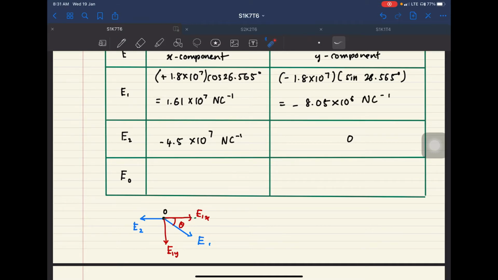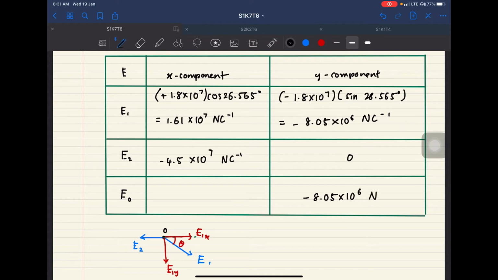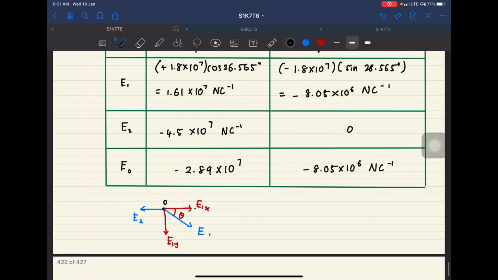Okay, again, you just have to sum for one column and the other column. So the y component would be negative 8.05 times 10 to the power of 6. Over here, you should get negative 2.89 times 10 to the power of 7. So you have negative x and y.